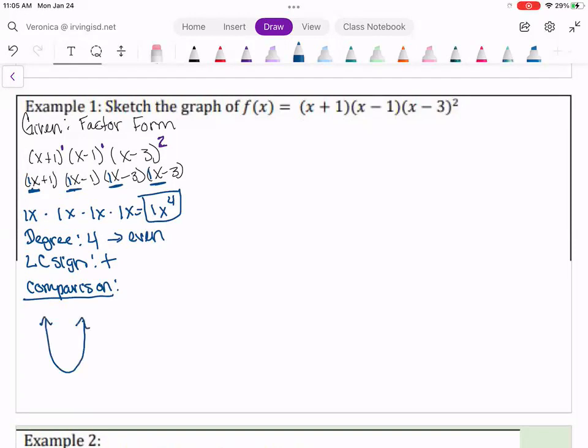Why is that? Because quadratics have x squared, which is also even, right? And it's going up because positive, right? So it has to go up. So the only thing we really need is the end behavior. Remember, this middle part is going to be completely different, and it doesn't really matter. When we're doing our graph comparison, it's because I want to know what the end behavior is going to be.